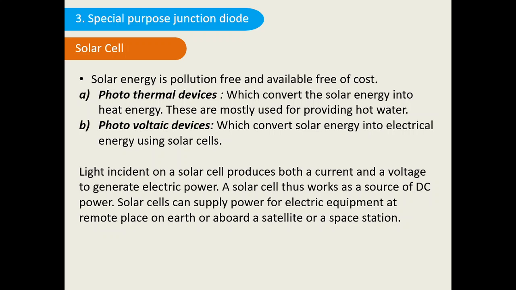Solar cells can supply power for electrical equipment at remote places on the earth, or aboard a satellite or a space station, where the normal electric wire connection is not feasible.